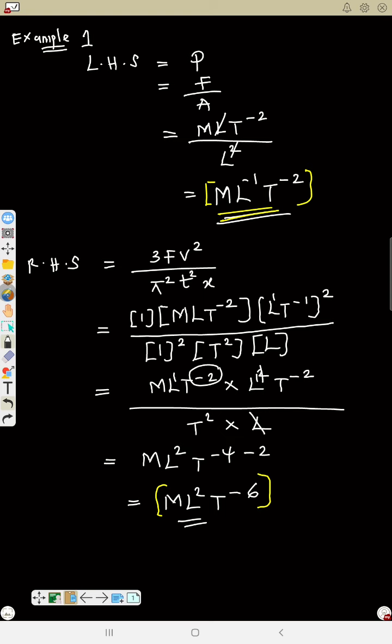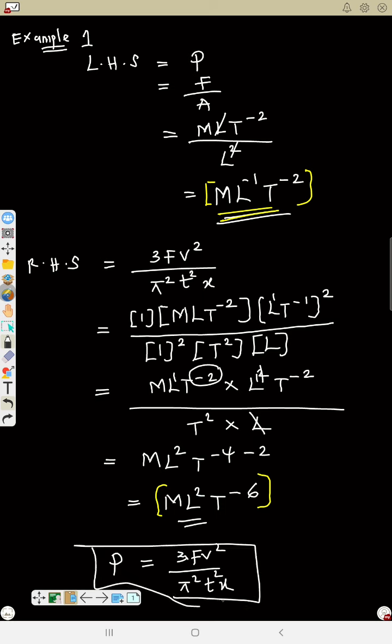So the formula P, pressure, equals 3FV square divided by pi square T square X is not dimensionally correct, so it cannot be correct.